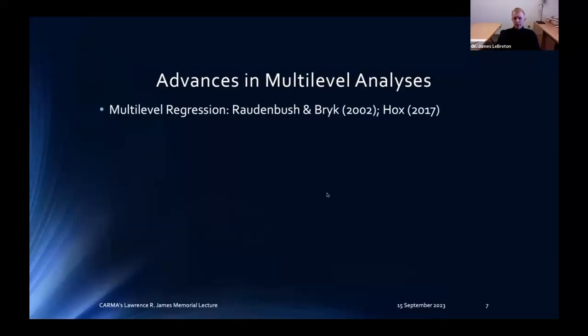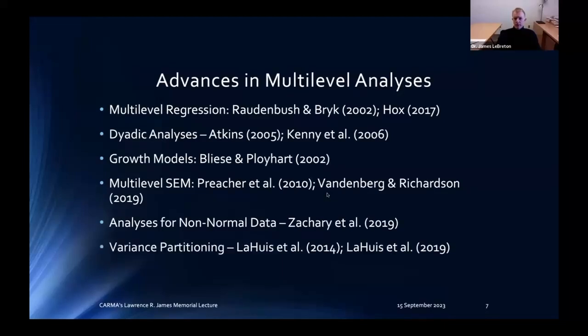And analytically, we've moved beyond just the classic multi-level regression to think about a lot of more complicated designs, and analytic tools and ways to handle things like non-normal data, and how to handle multi-level structural equations.